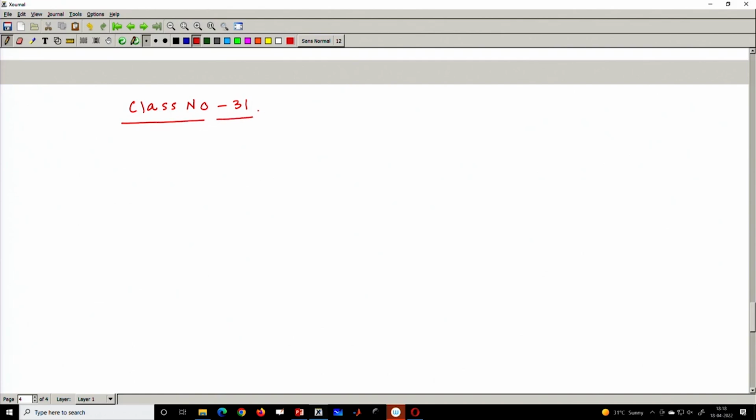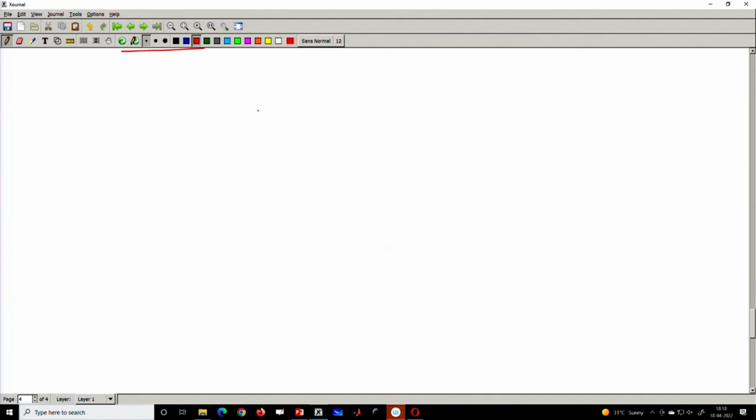Class number 31. So, before going to the calculation, let us understand one thing, that the total electrostatic energy is a non-negative quantity.